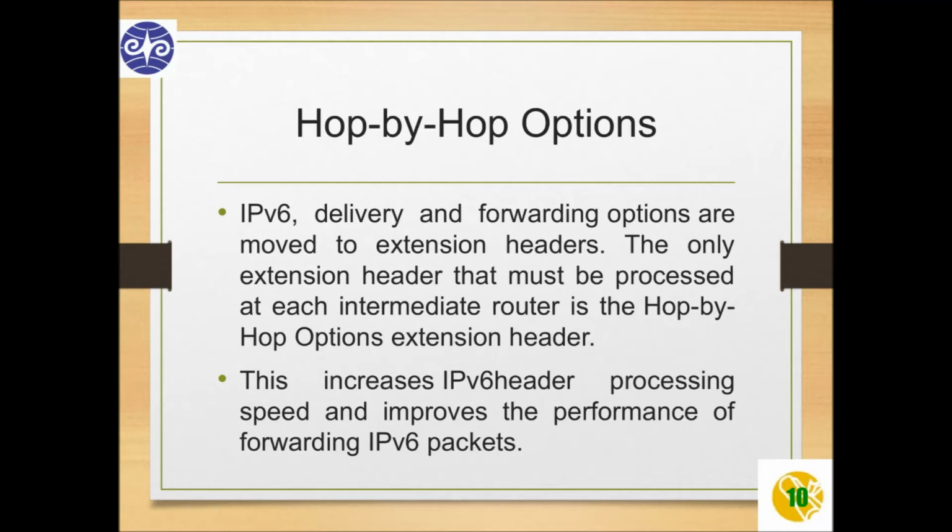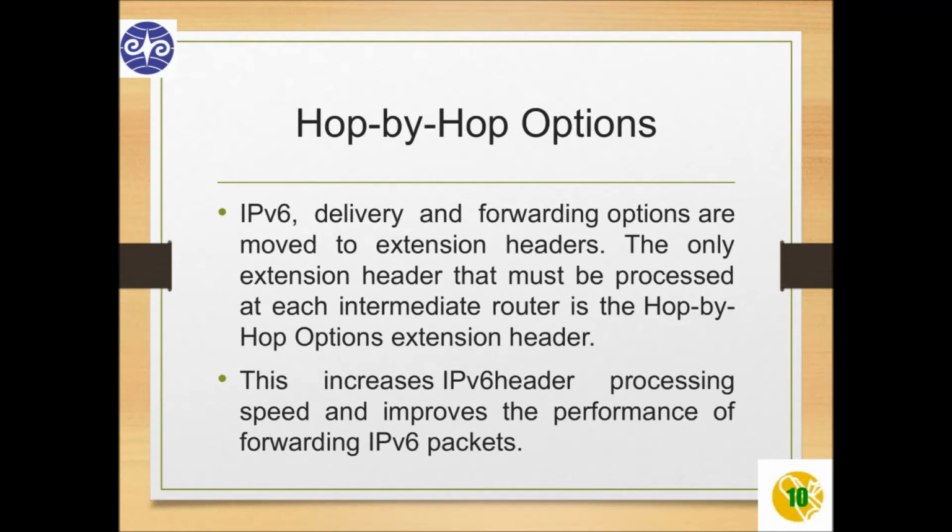Now we will study from the slide. IPv6 delivery and forwarding options are moved to extension headers. The only extension header that must be processed by each intermediate router is the hop by hop option extension header. So the hop by hop option is available in IPv6, which is basically counting of devices between sender and receiver.